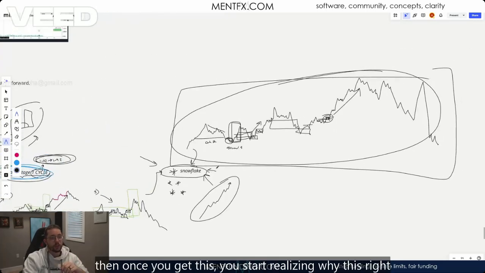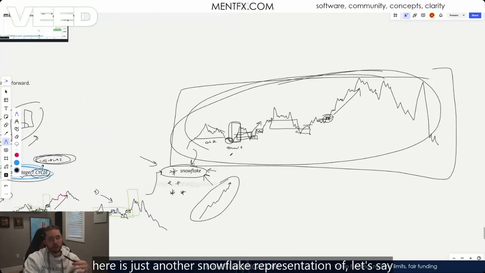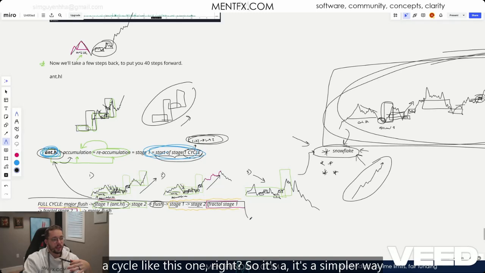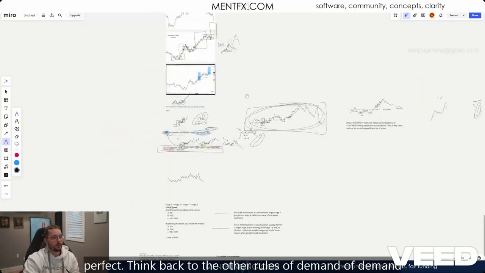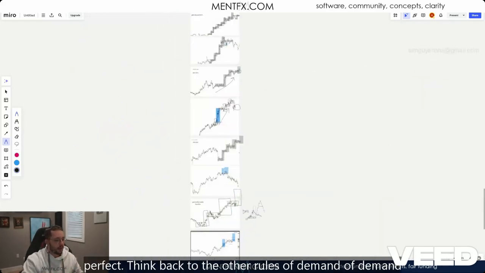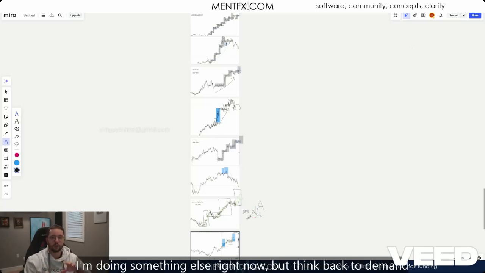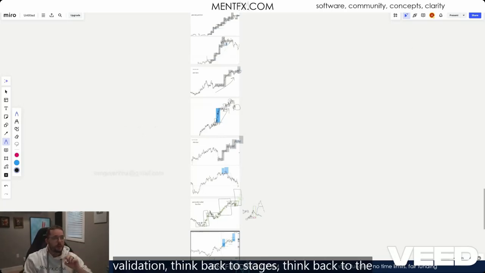And once you get this, you start realizing why this right here is just another snowflake representation of, let's say, a cycle like this one. It's a simpler way to understand that the markets are not meant to be exactly perfect. Think back to demand validation, think back to stages, think back to the anticipation of the higher low rule.